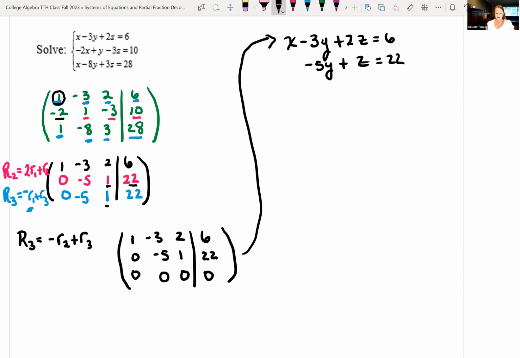So let's solve one of these equations for z. For instance, let's solve this second equation here for z. If we solve for z here, I would get z is equal to, add 5y to both sides, 5y plus 22.